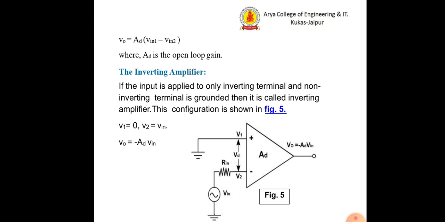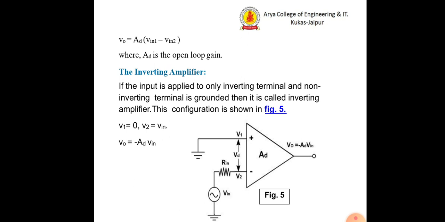Now the inverting amplifier. The inverting amplifier means that the input is applied only to the inverting terminal and the non-inverting terminal is grounded. The configuration is shown in the figure 5, that is V1 is 0 and V2 is Vin.